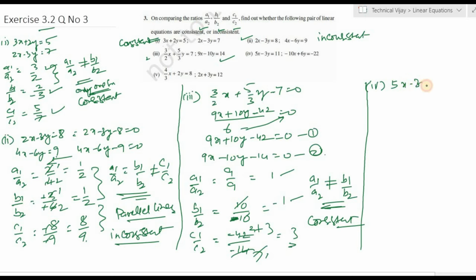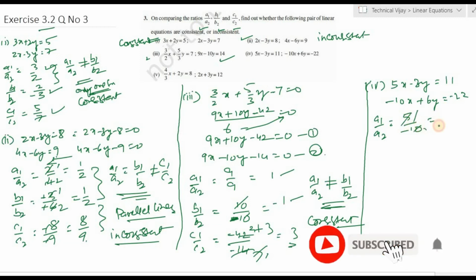5x minus 3y is equal to 11, minus 10x plus 6y is equal to minus 22. So here a1 by a2 is equal to 5 divided by minus 10, which is minus 1 by 2.